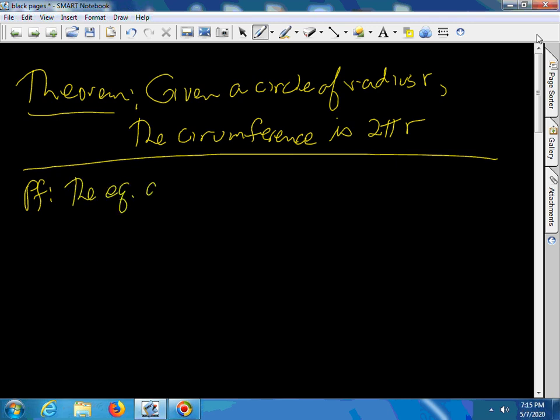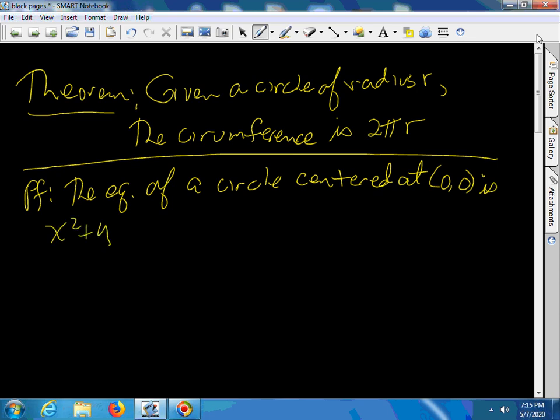The equation of a circle centered at the origin, (0, 0), is x squared plus y squared equals r squared.